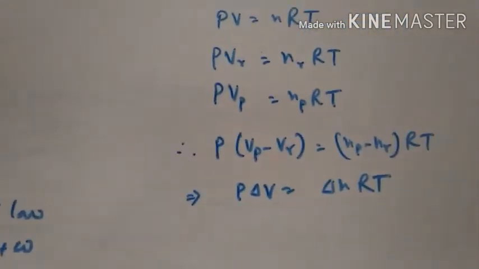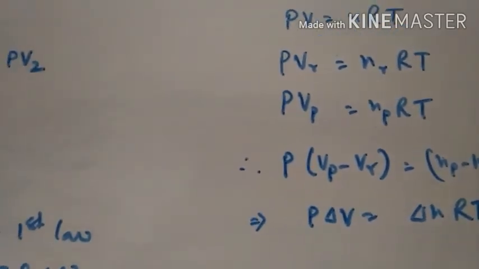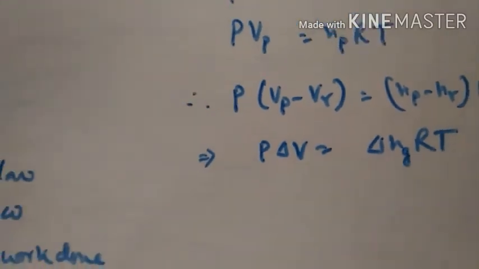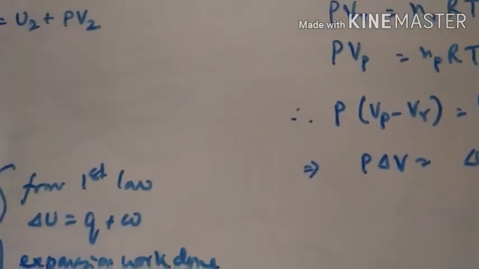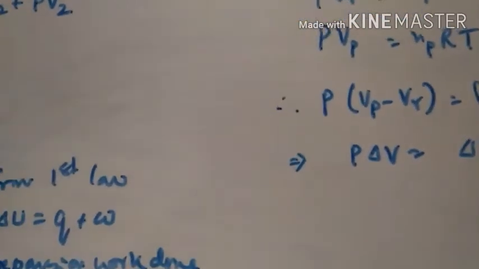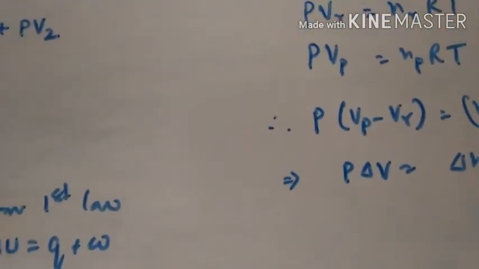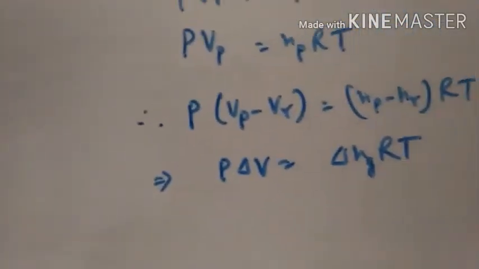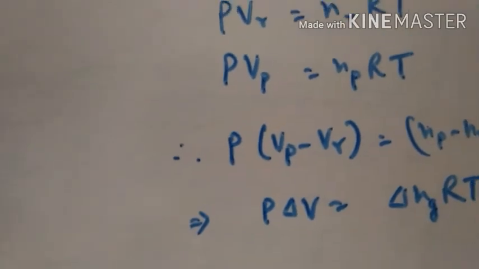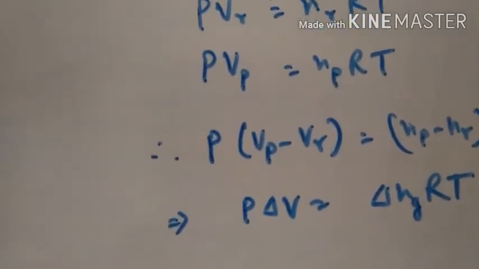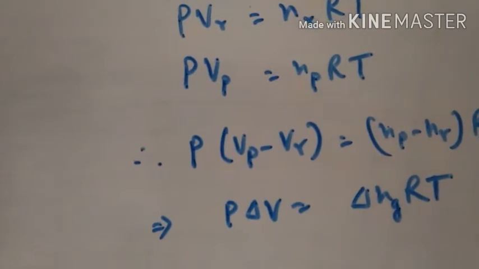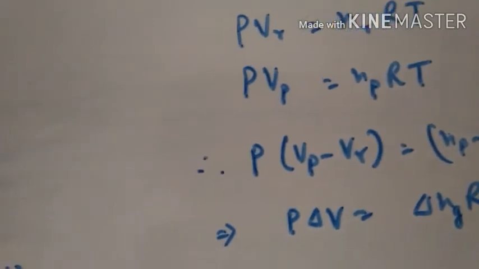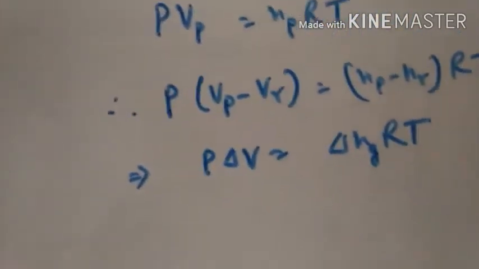So this is delta n, which we can also write as delta ng. The energy change at constant pressure is equal to the energy change at constant volume plus the change in the number of moles of gaseous products and reactants times RT.